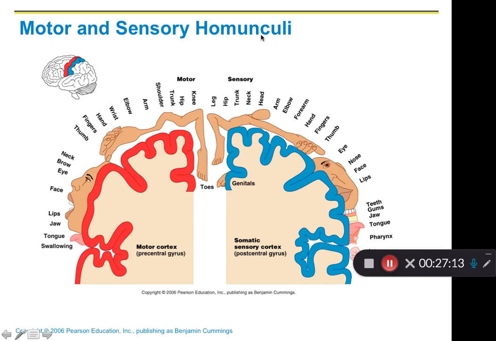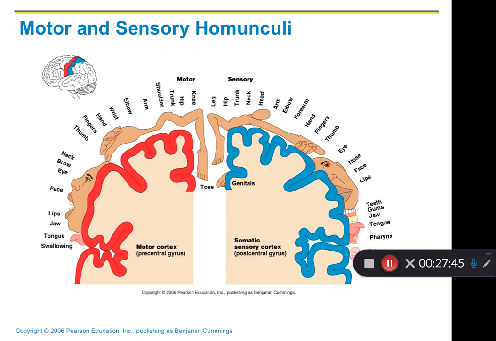The homunculus means it is inverted relative to our body position. We can see that our hand is in the inferior region, however our foot is in the superior region.